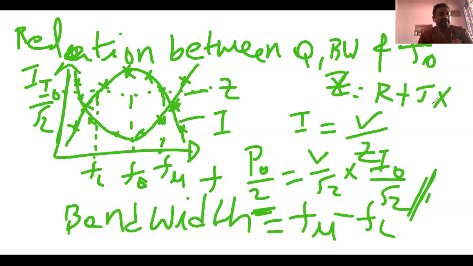So now we need the relations. When we need this relation, at the upper frequency, what happens here? The net reactance should be equal to R only. Why? Because Z should be at the minimum value. At these upper frequencies, X is equal to R. That I will start as a derivation.